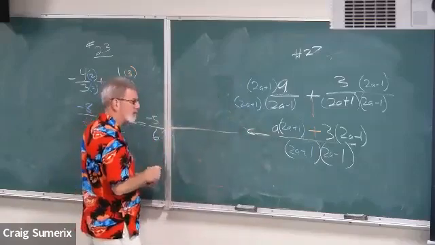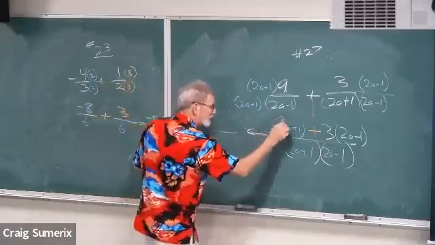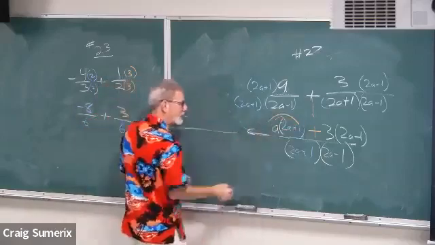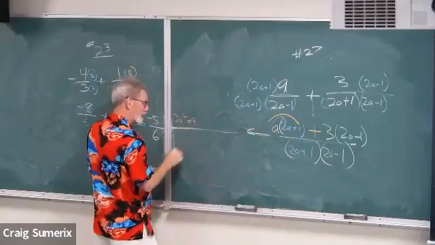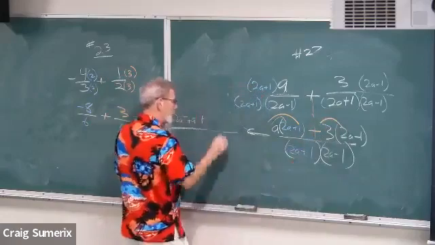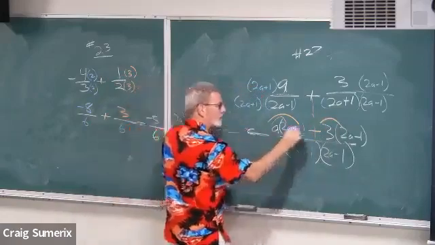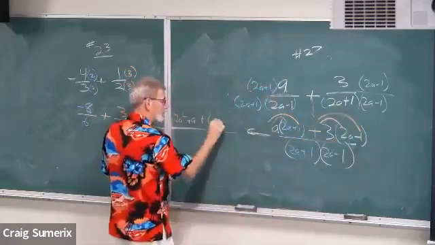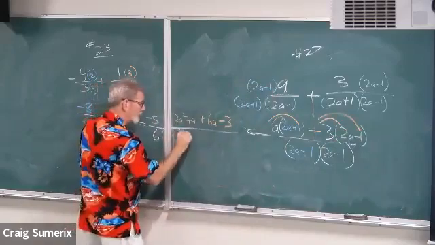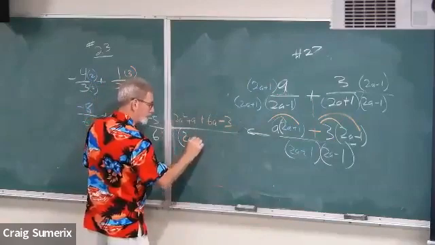Well, let's see. A times 2a is 2a squared. A times 1 is a. Plus 3 times 2a is 6a. 3 times -1 is -3. And the bottom, I'm going to leave the way it is.